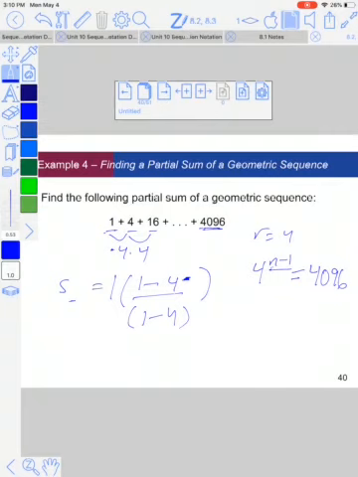4 to some exponent. So if you take your calculator and you start taking 4 to certain powers, let's check it on our calculators. Just take like 4 to the, say, 6th power. What's 4 to the 6th power?